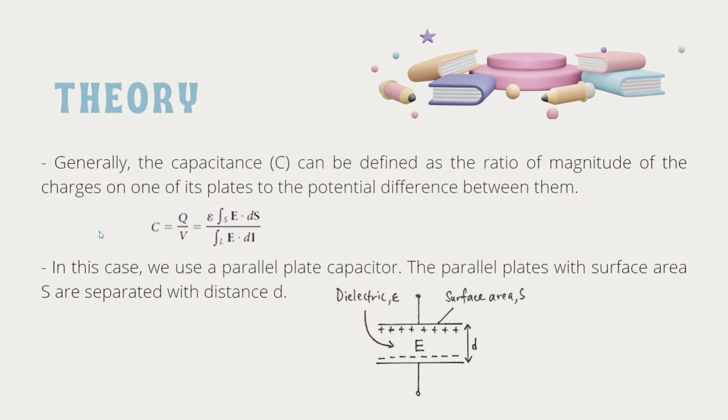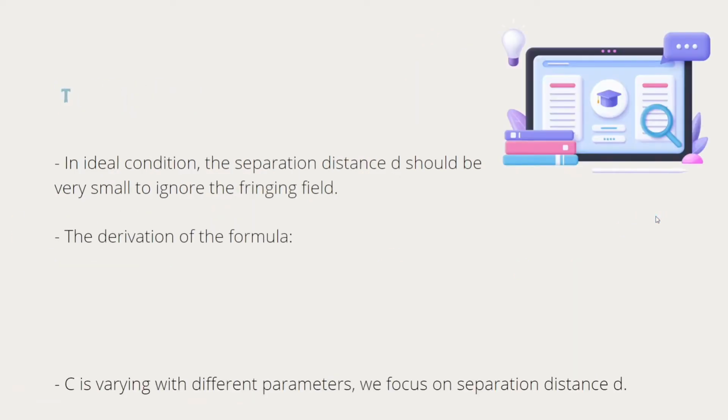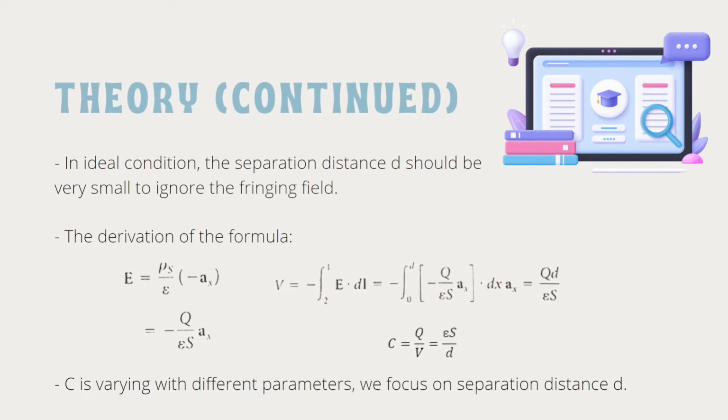In this case, we just focus on the parallel plate capacitor. The capacitor is built when two conducting plates are put parallel and an E field is formed like this in the diagram here. In ideal condition, the separation distance D should be very small to ignore the fringing field.